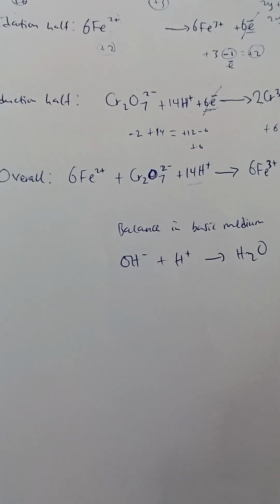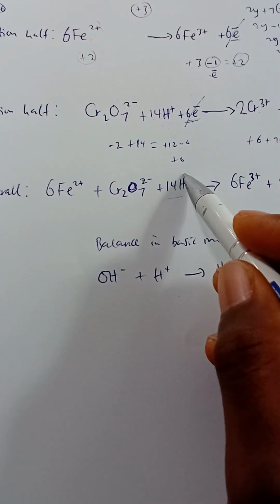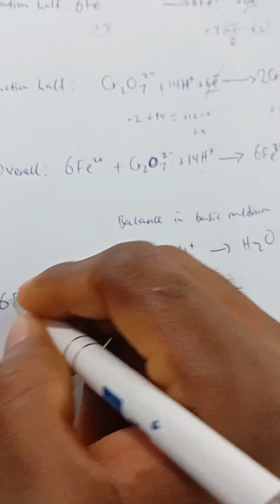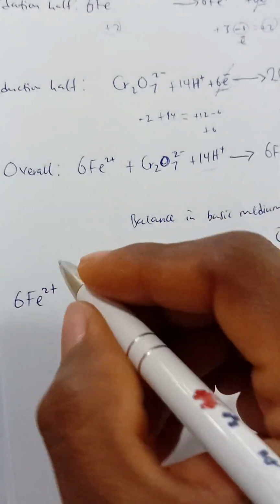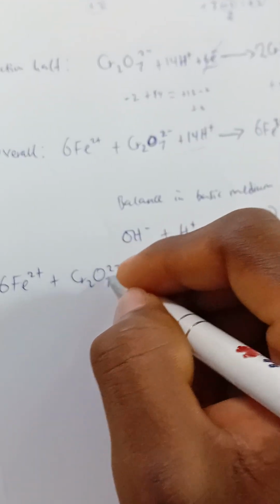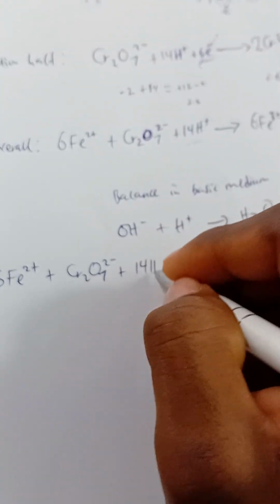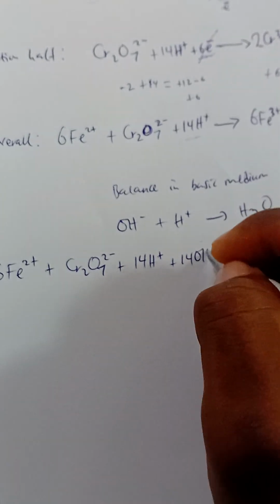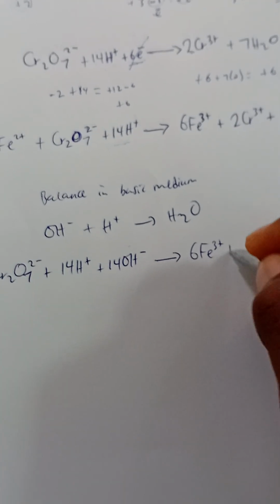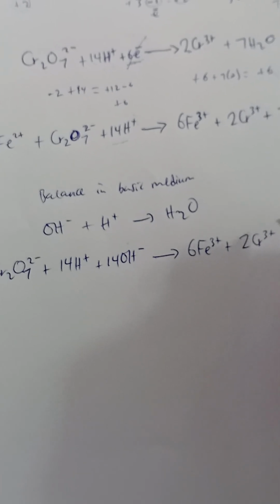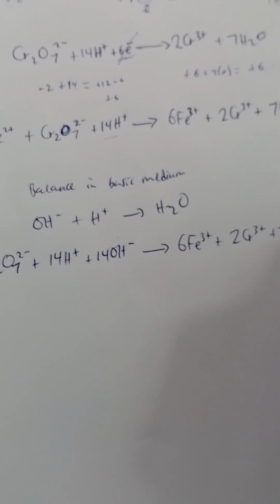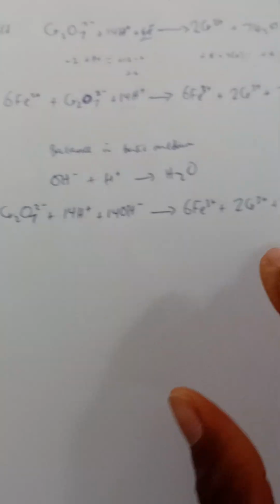If we are asked to balance in basic medium, here we have 14H plus. So all we have to do is that we add 14 OH minus to both sides. We've done that.